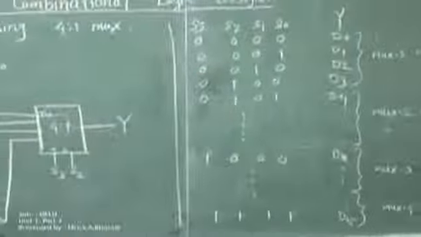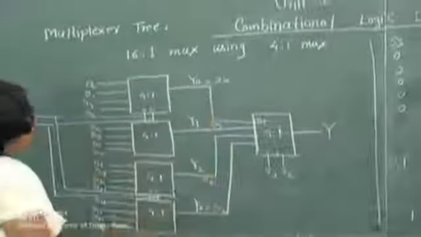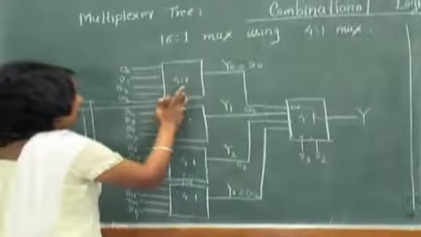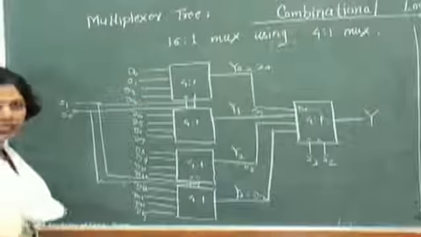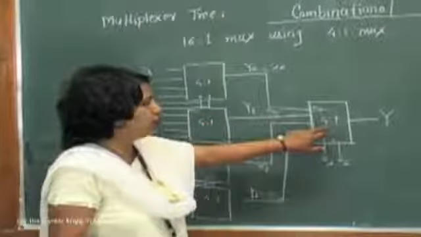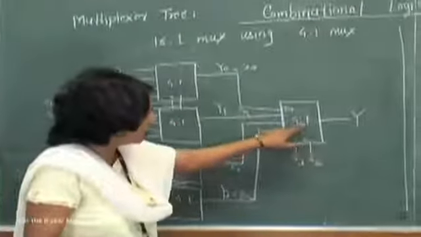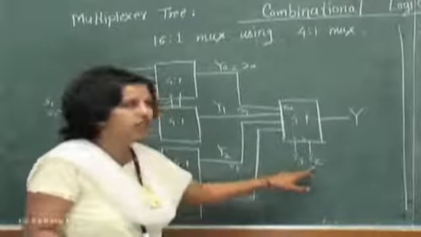Next, when my select lines are 0, 0, 0, 1, what will happen? Again S2, S3 are 0, 0 and S0, S1 will become 0, 1. If it is 0, 1, the D1 line of each multiplexer will be selected and those lines will be connected to the 4:1 mux. But what are the 4:1 mux select lines? That is 0, 0 again.